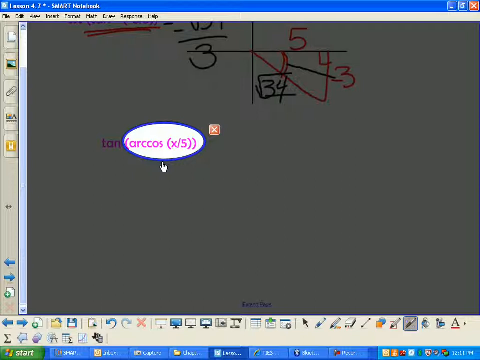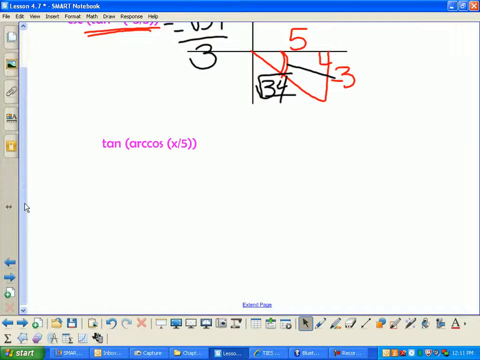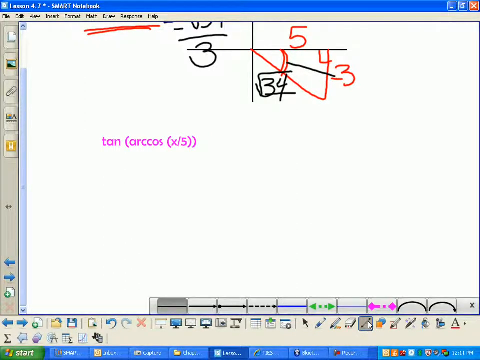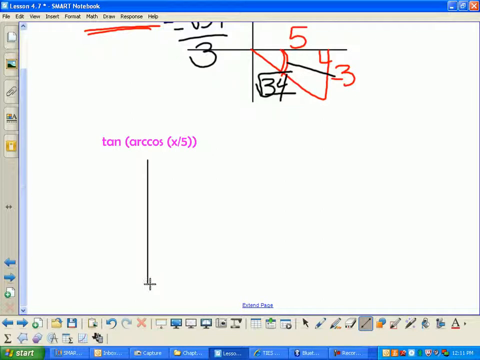X is an unknown. So in order to deal with this, you need to draw a scenario in each quadrant. There are 2 possible ways this could look, because x is a variable, and I do not know if it's positive or negative.